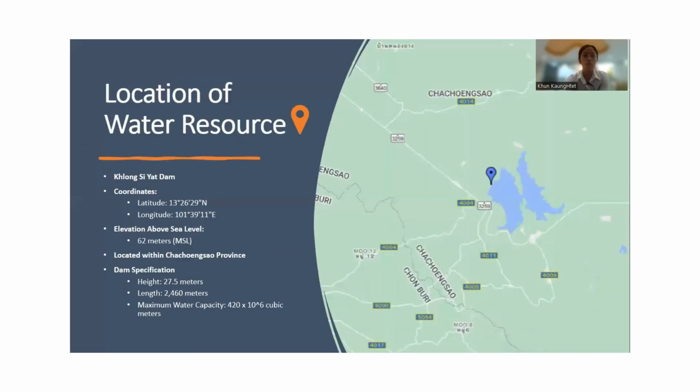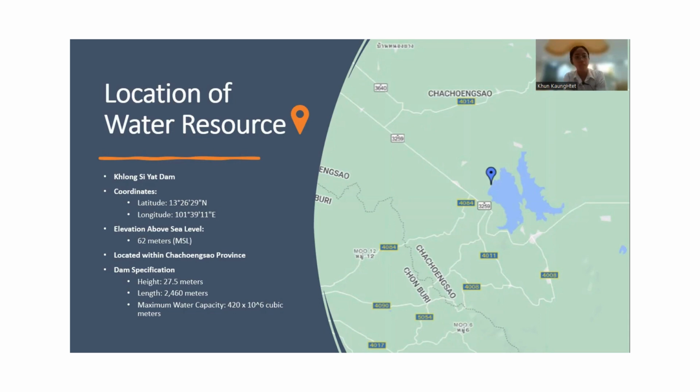So for the location of the water resources, Klong Sia Dam is the main water resource to supply water for the area, and it is situated at latitude 13 degrees 26 minutes 39 seconds north, and longitude 101 degrees 39 minutes 11 seconds east.